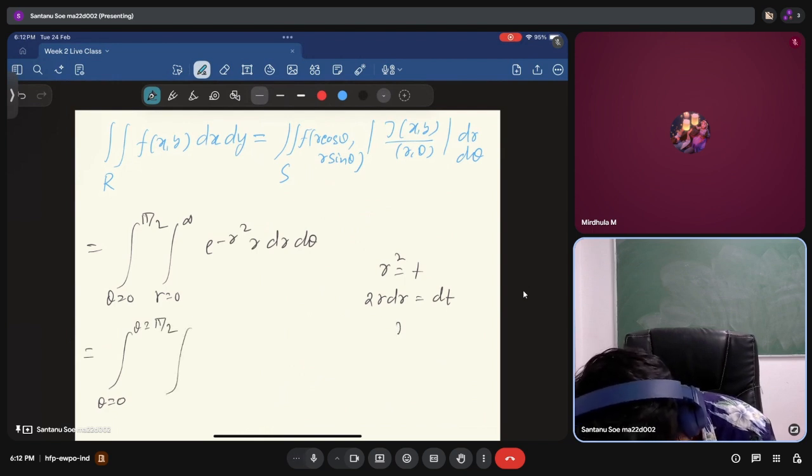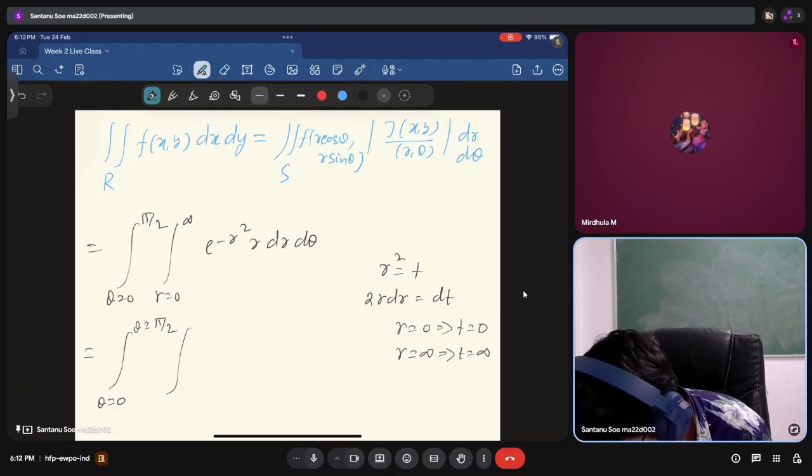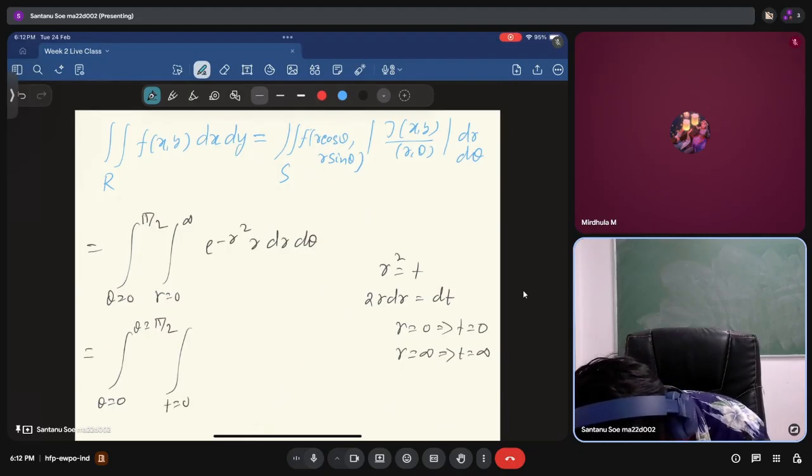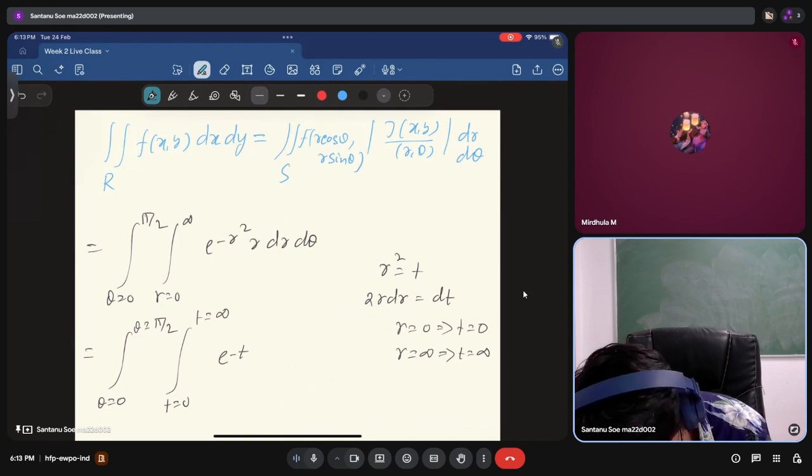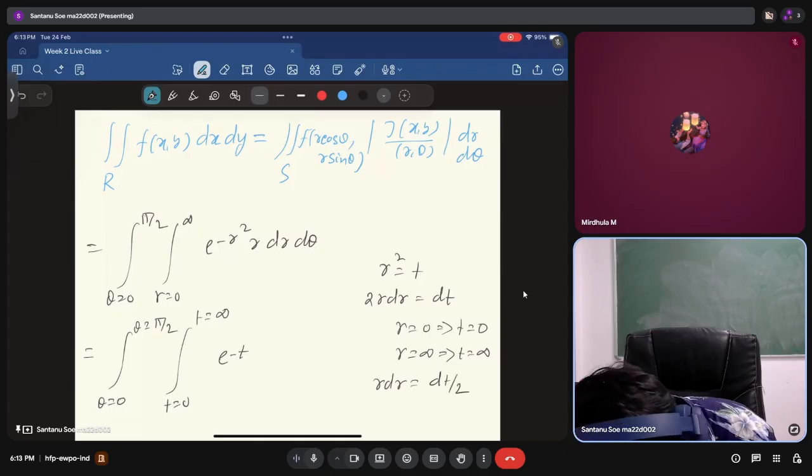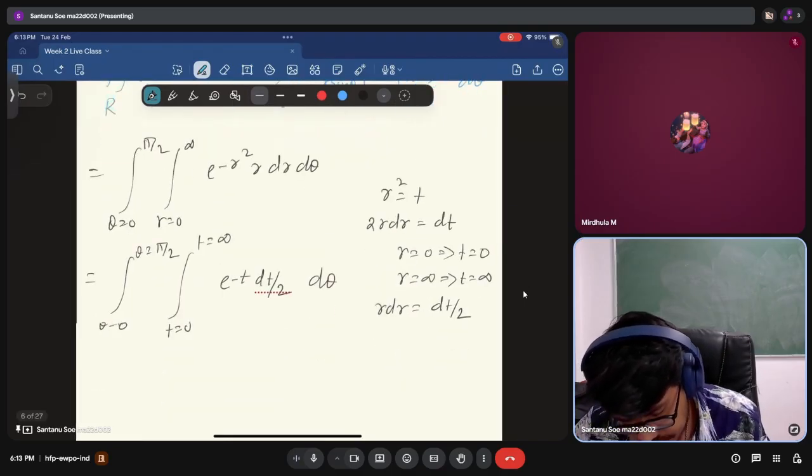Now if you put r equals 0, this will imply t equals 0. And if you put r equals infinity, this will also imply t equals infinity. Correct. So this limit also changed to t equals 0 to t equals infinity, exponential minus of t, and r dr will be dt by 2, and then d theta.